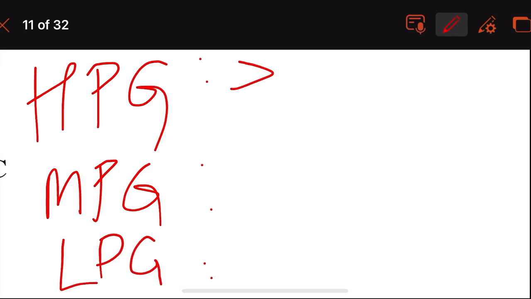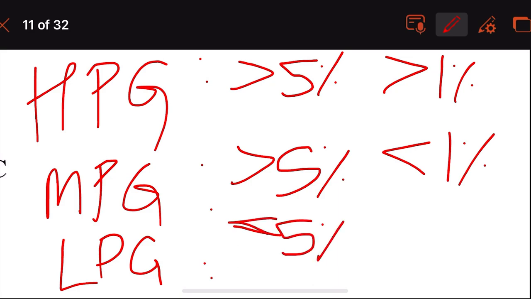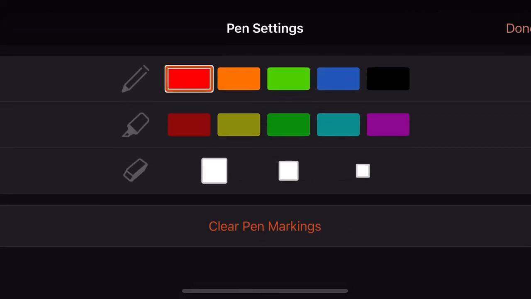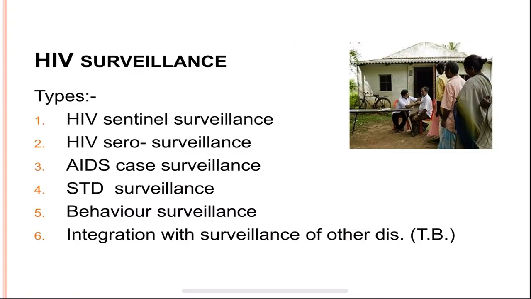More than 5% in high risk group and more than 1% in antenatal women. More than 5% in high risk group and less than 1% in antenatal women. Less than 5% in high risk group and less than 1% in antenatal women. Fine, we are done with the classification.